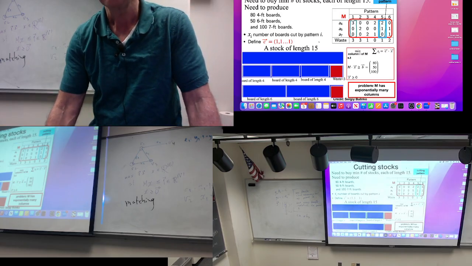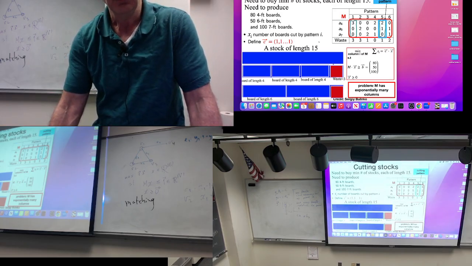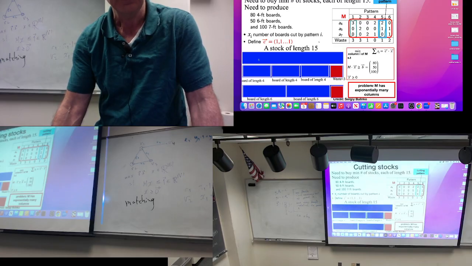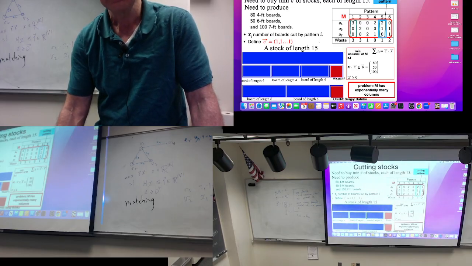In the cutting stock, we had long boards of length 15 feet, and we call each one a stock. Every such stock I can cut according to one of the patterns.